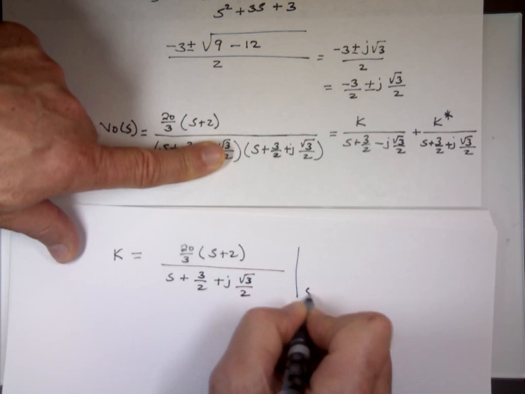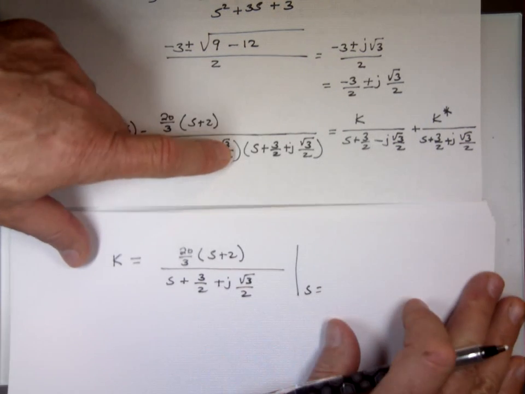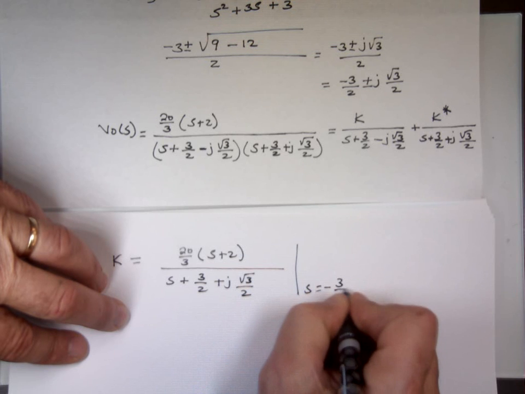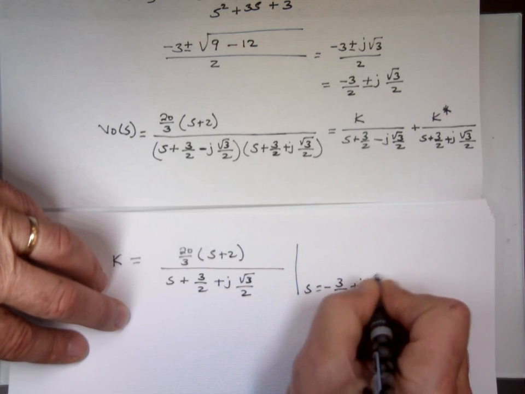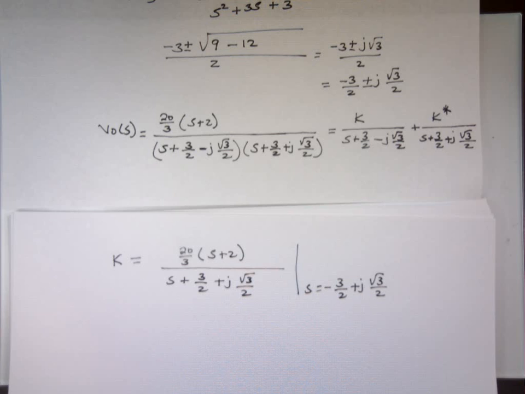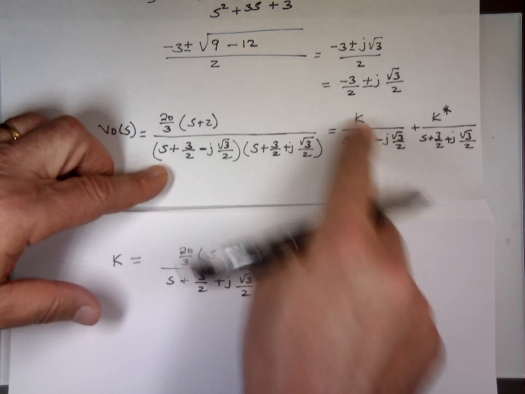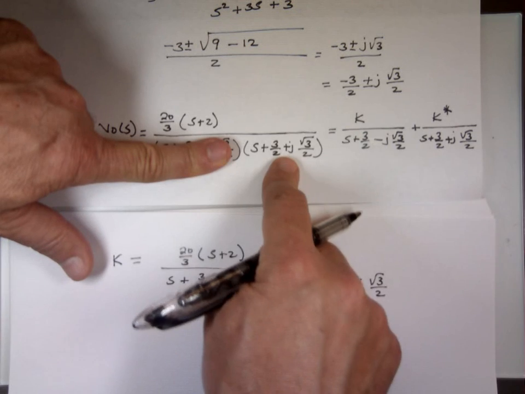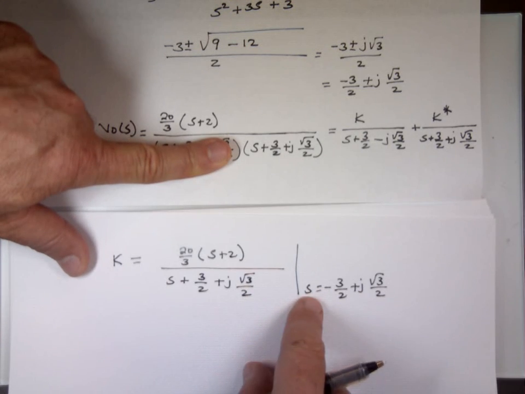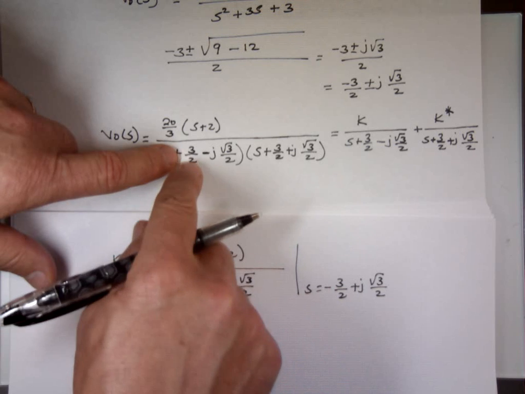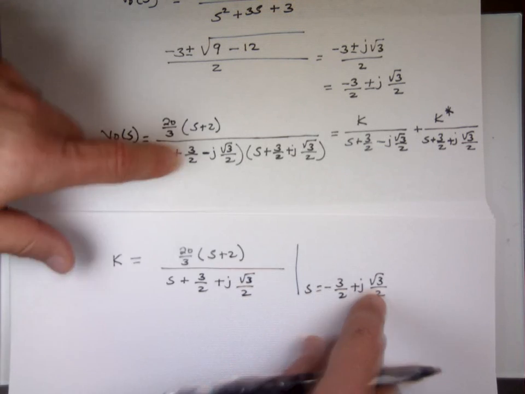To me, it looks like negative 3 over 2 plus j, the square root of 3 over 2. You agree with that? That makes this one gone. Notice K is sitting on top of that, that piece is gone from this expression, and you want to find the value of that when s equals what makes the bottom 0. It has to be negative 3 over 2 plus j, the square root of 3 over 2. So plug it in, and let's find K.